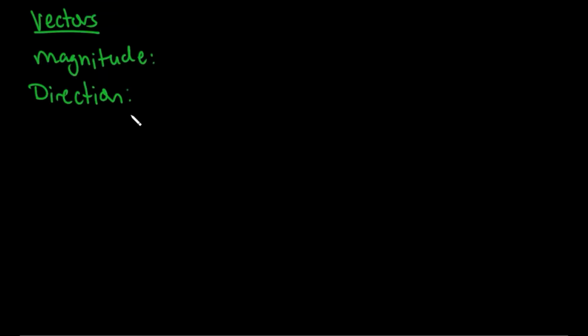So vectors are made up of 2 parts. First one is the magnitude. This is the size of your vector. Then we have the direction.